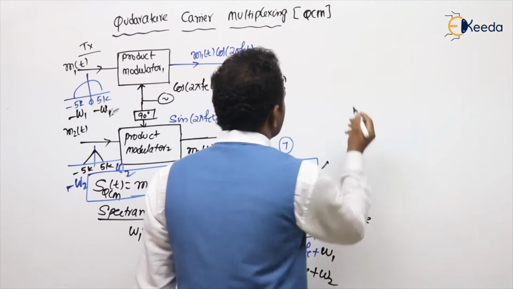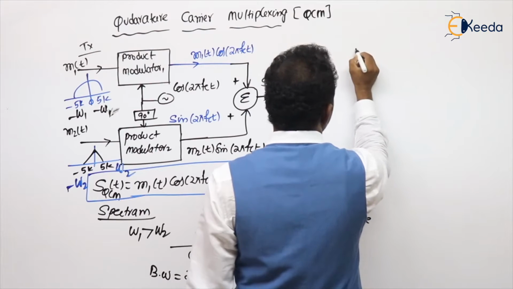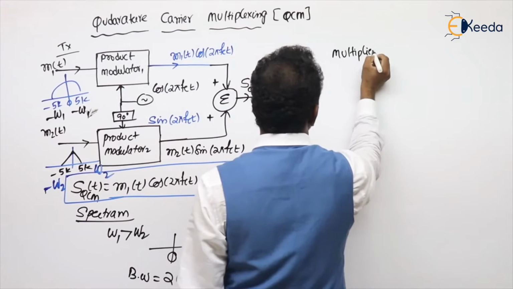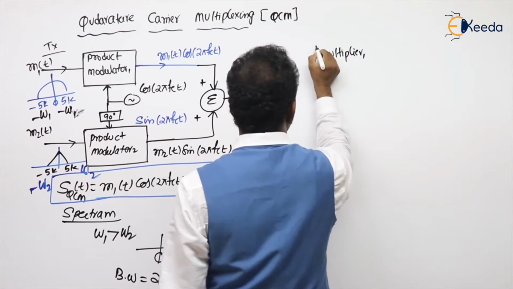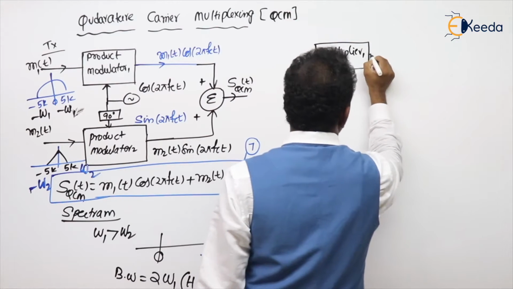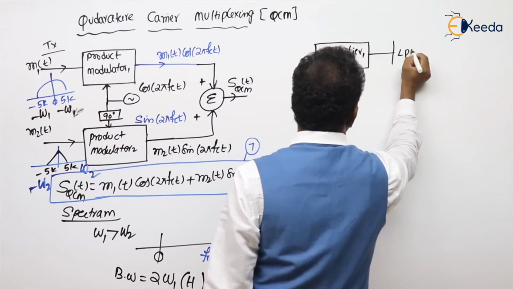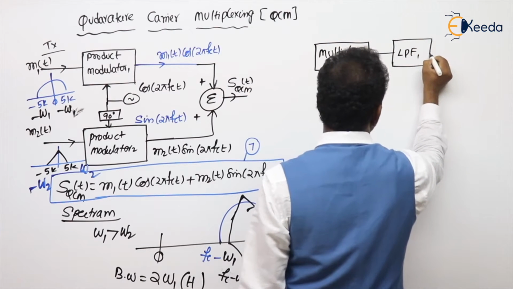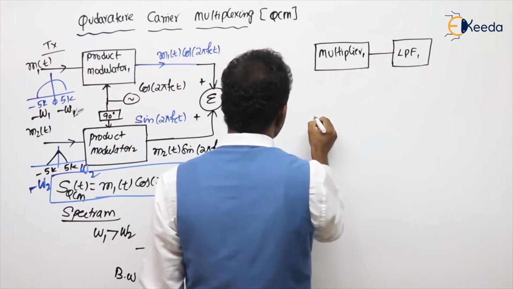A synchronous detector is nothing but a multiplier. Let's take multiplier 1. This multiplier followed by a low pass filter itself is called synchronous detection. This is the first section. Another section also you can take.